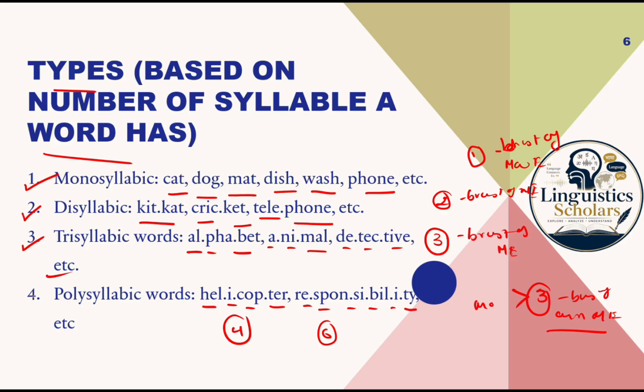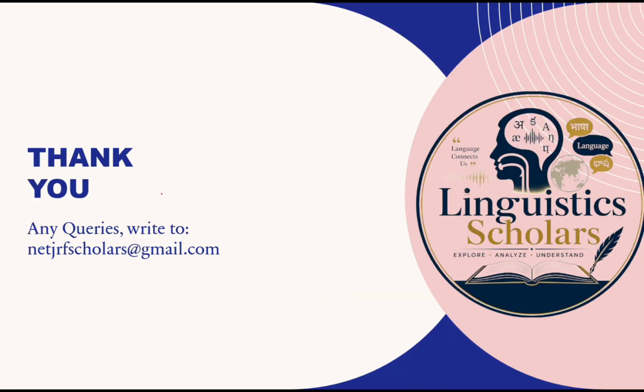So such types of words where you use more than three bursts of muscular energy are called polysyllabic words. So these are the major types as we have discussed, and we tried to understand what a syllable is and what its structure is, and its types based on the structure, as well as the number of syllables a word has.